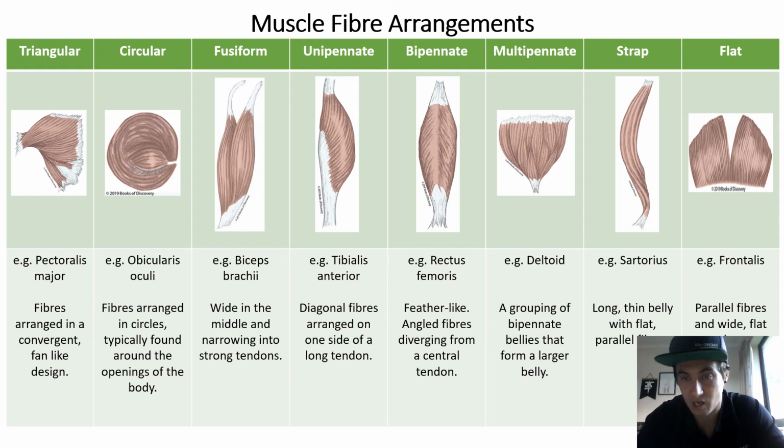Multipennate means a group of bipennate bellies coming together. Then you have strap, which is a long, thin belly, generally running parallel, and then flat, which is parallel fibers and wide flat fibers. So frontalis is the muscle on your forehead.